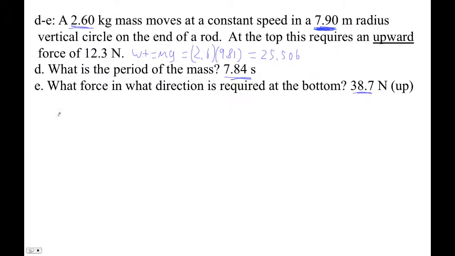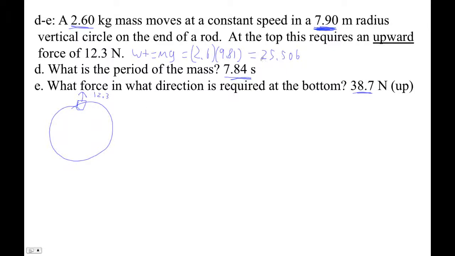Here is this nice circle. At the top, we've got a force of 12.3 up. What that means, by the way, is that this acceleration must be less than 9.81, because we have to prop that thing up to keep it from accelerating down.